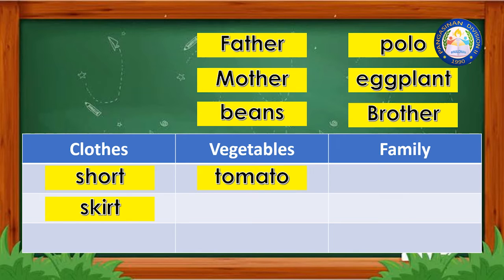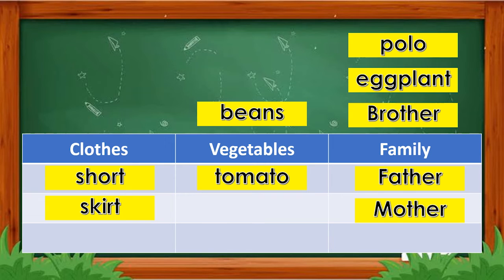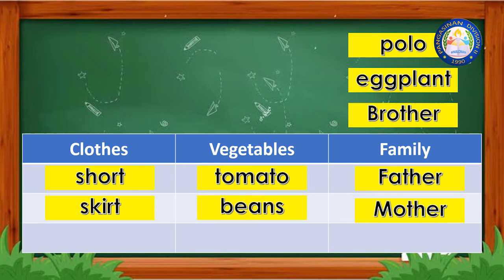Which column does it belong to? The father. You're right. It is under the family. How about mother? Very good. It is also under the family. Next, the beans. It is a hyponym of what? Very good. Vegetables.